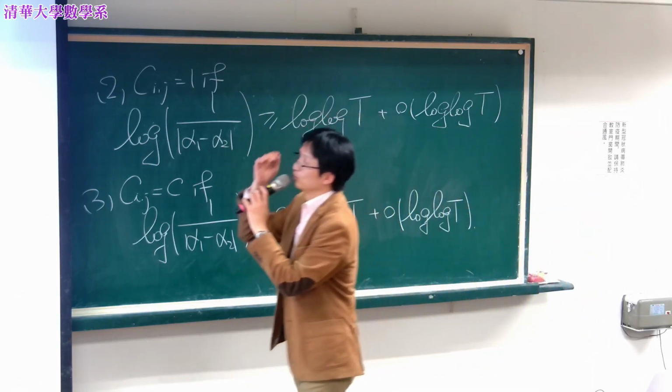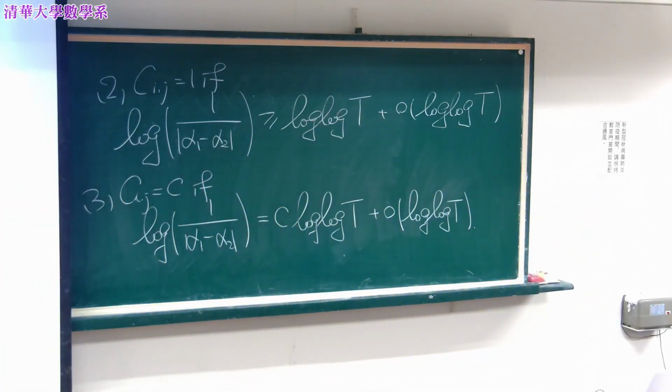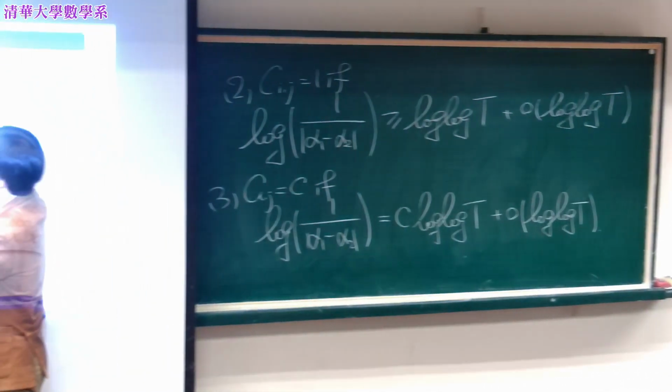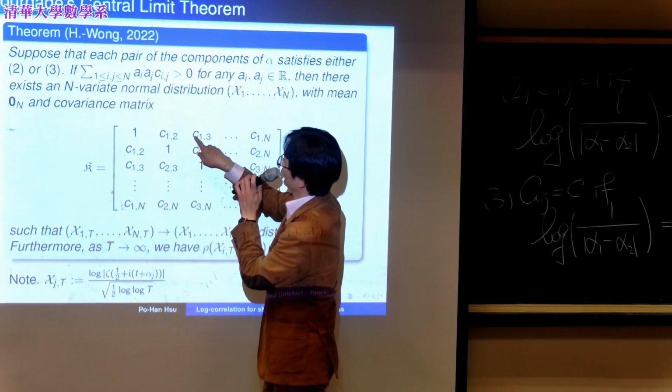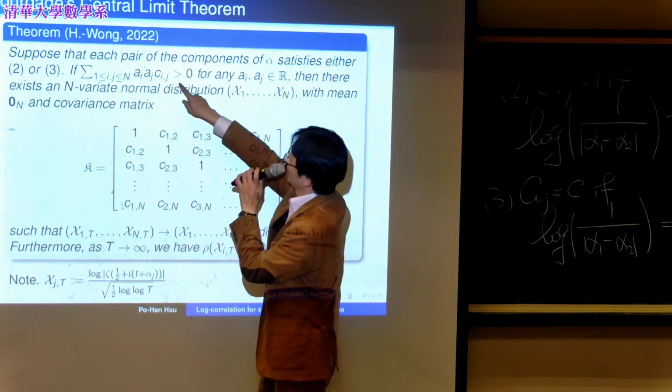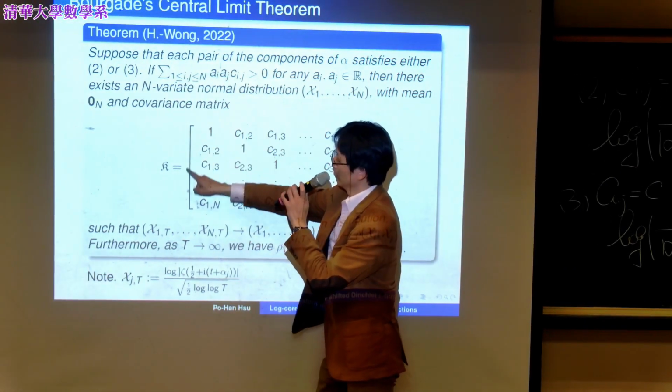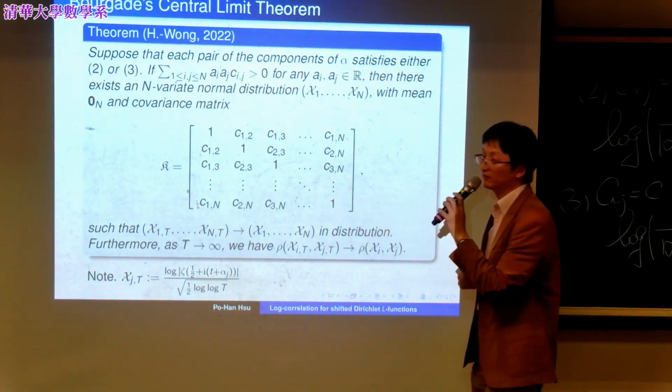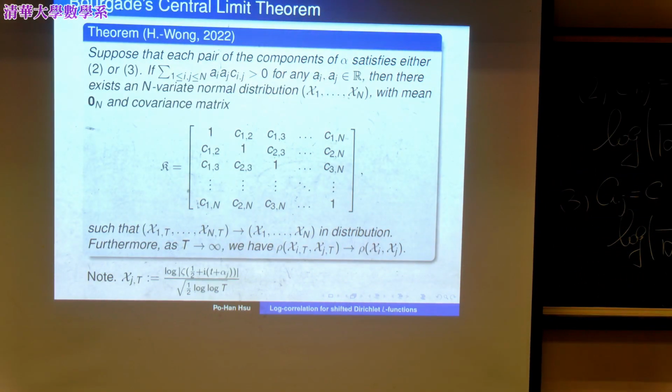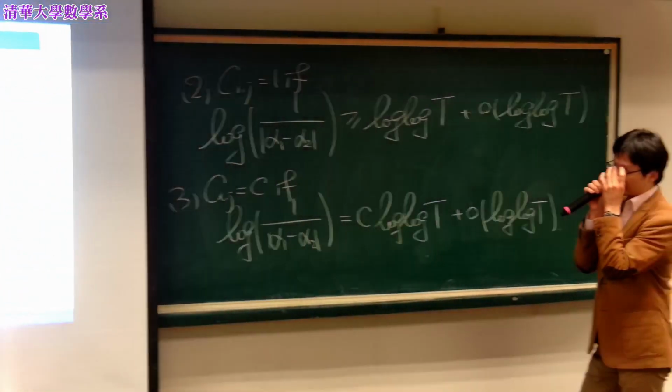Moreover, you assume this magical condition. In fact, this means if you list those Cij as a matrix, this condition ensures that your matrix is positive definite. So furthermore, we assume those Cij form a positive definite matrix.